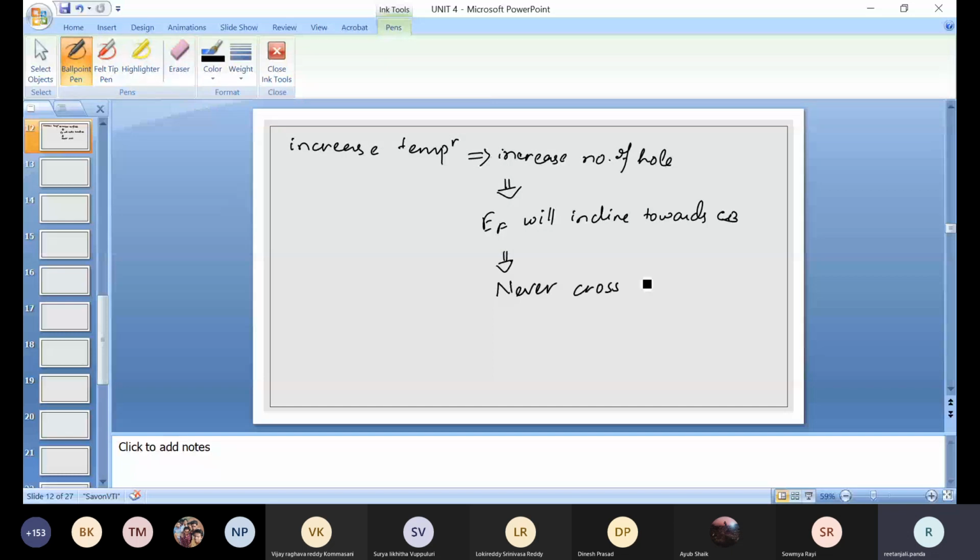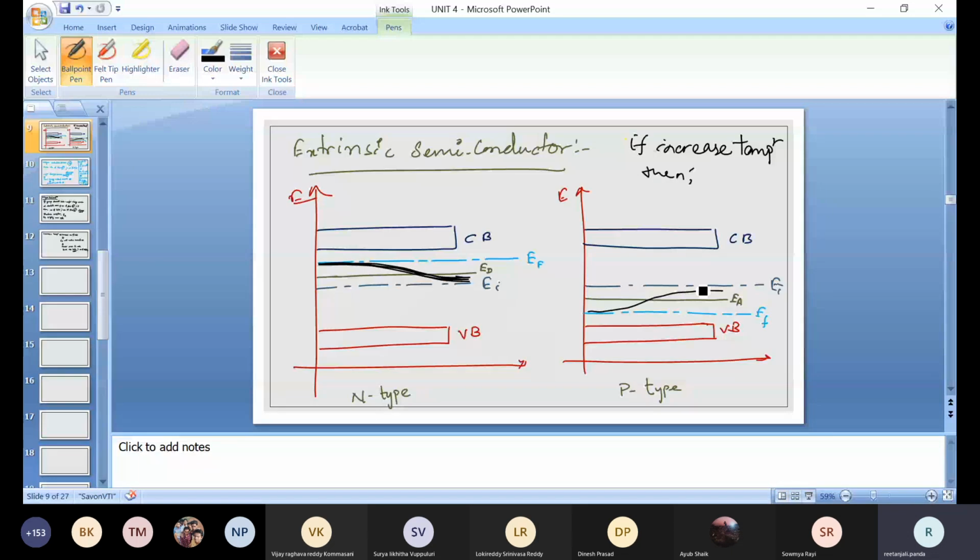Why? Because the number of holes is always greater than the number of electrons. Holes are the major charge carrier, because of which the Fermi energy level in a p-type extrinsic semiconductor is going to increase, but it will go up to the EI value only.